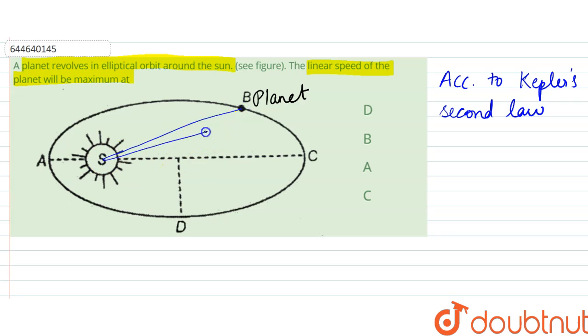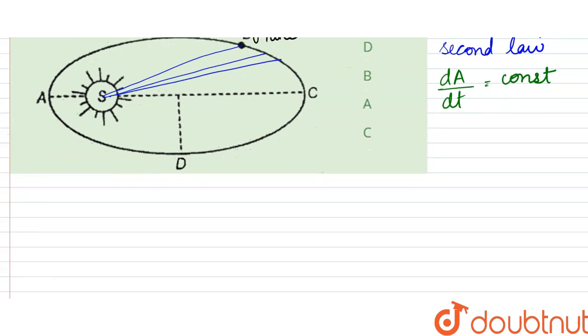So if it is traveling this much and this much in equal intervals of time, it sweeps equal area in equal intervals of time. So that means dA by dt is constant for this. The rate of area swept is constant.